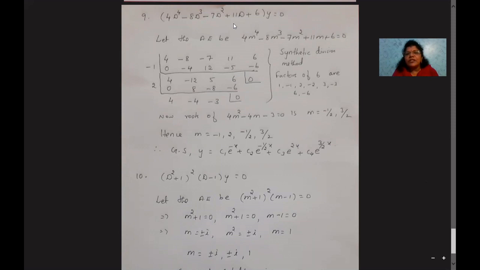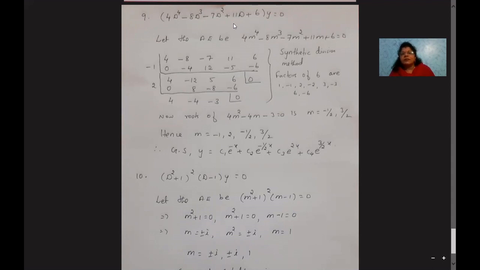The coefficients of this auxiliary equation I have to write from the highest order to the constant. Here, m power 4, m cube, m square, m, and the constant part are there. So the coefficients are 4, minus 8, minus 7, 11, and 6.